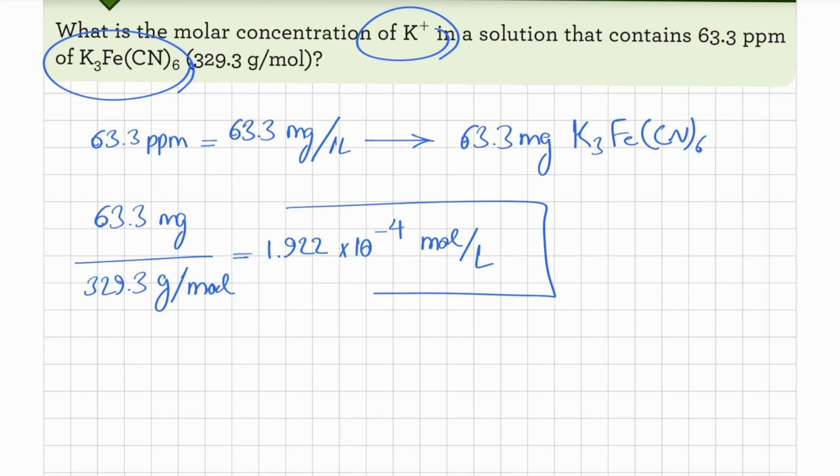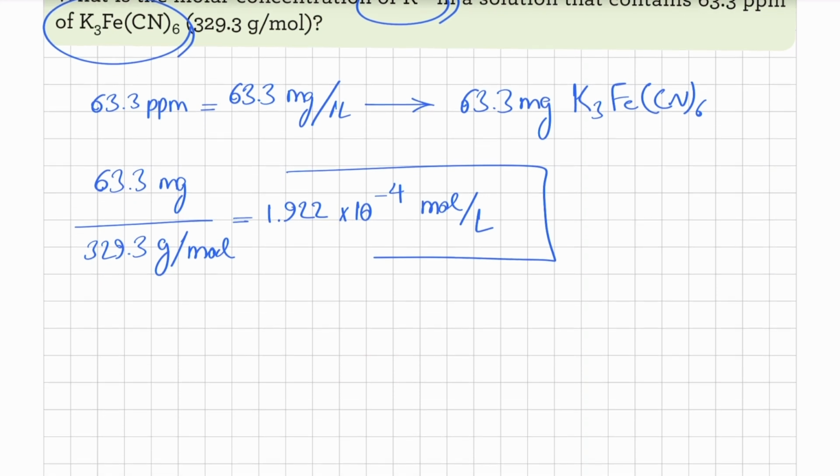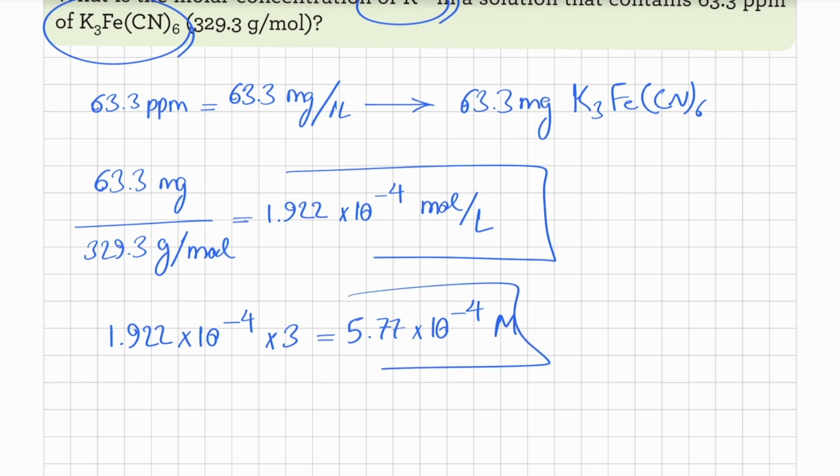So to calculate the concentration of potassium ion, we can simply multiply our answer by 3. So 1.922 times 10 to the power of minus 4 times 3. This is going to give us the answer, 5.77 times 10 to the power of minus 4 molar, or mole per liter. That's fine. Let's go to the next example.